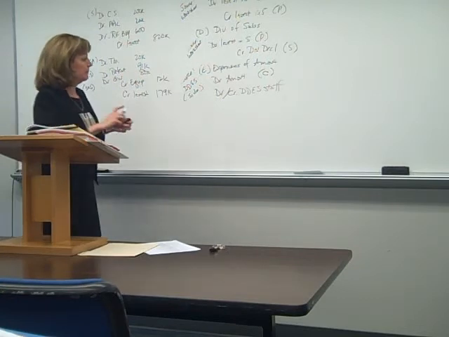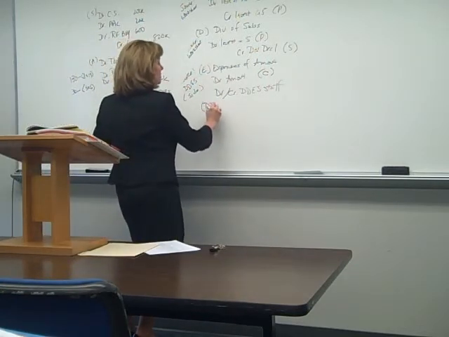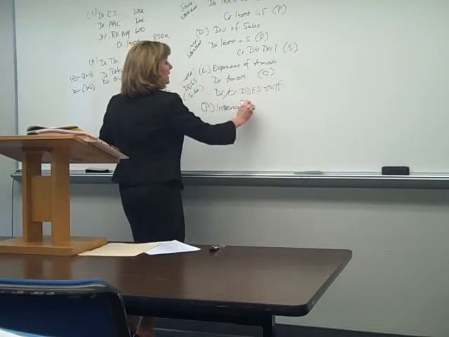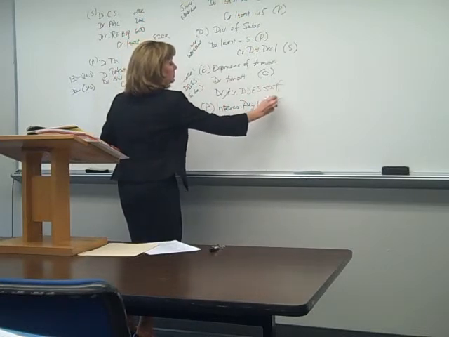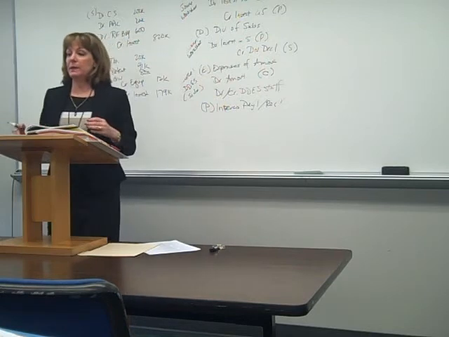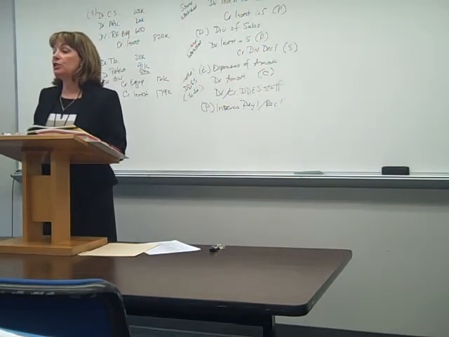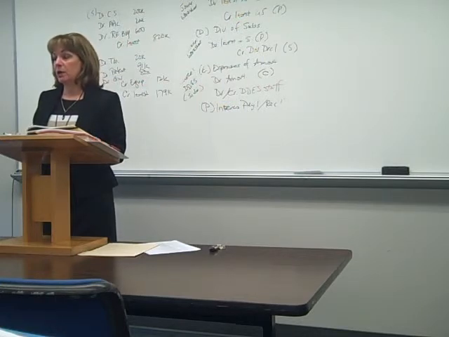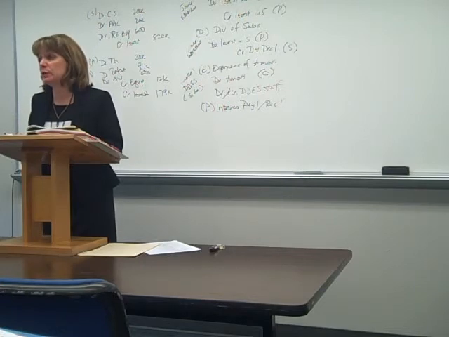Let's do the P. The P is the intercompany payable, receivable. If the parent and subsidiary are doing business with one another, whether the parent is selling to the subsidiary or the subsidiary is selling to the parent, or if one loans money to the other, because the parent can tell the subsidiary, you will loan us money.